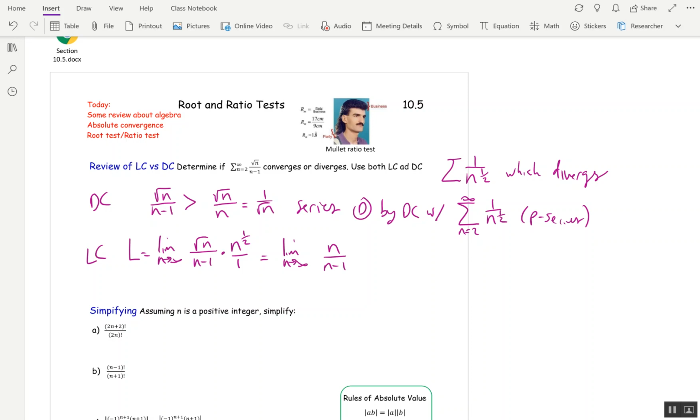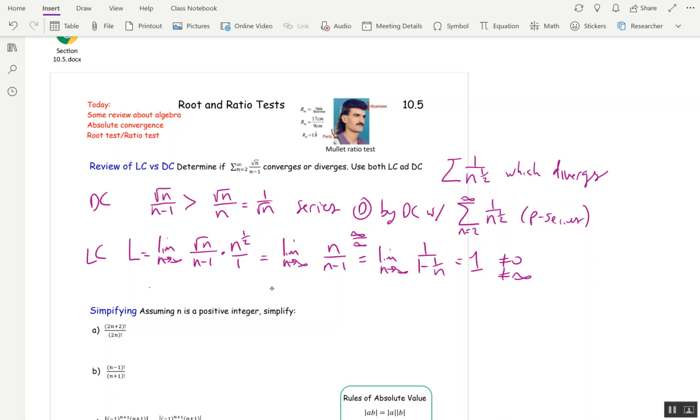Now that's infinity over infinity. So I'm going to divide top and bottom by n. 1 over 1 minus 1 over n, which is 1, which is not 0, and it's not infinity.